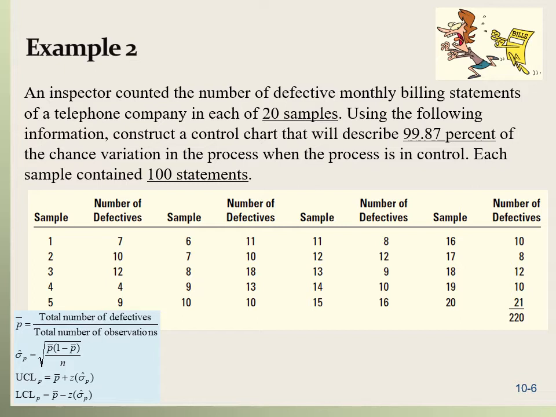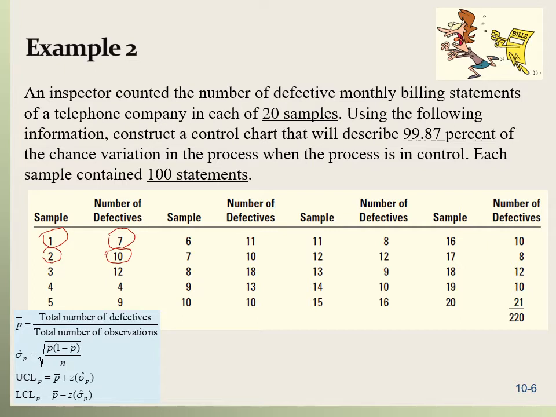So we have the statements, the samples, and the number of statements. For example, for sample 1, we have 100 statements, and out of those 100, 7 are defective. That means 93 are correct. Sample 2, for example, has 10 defective statements. That means that 100 minus 10, which is 90, are correct.